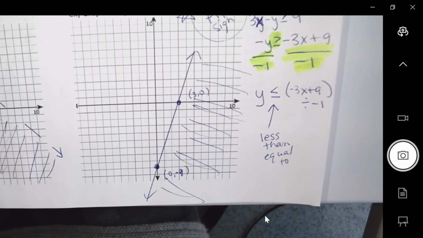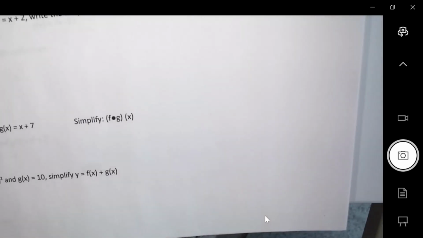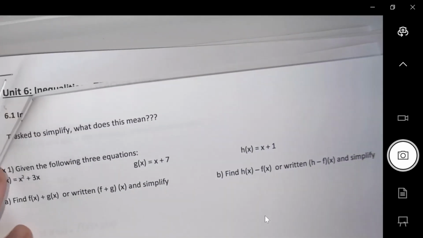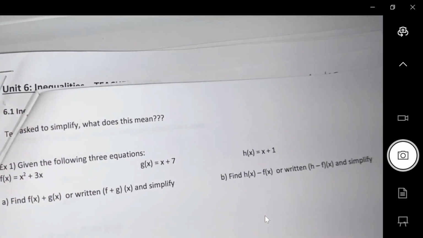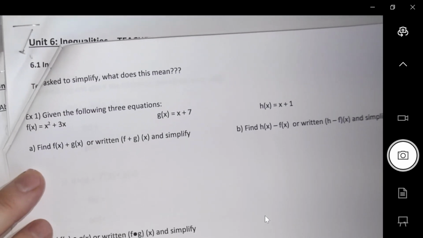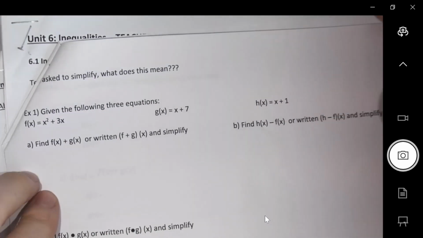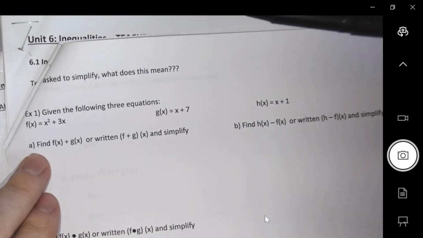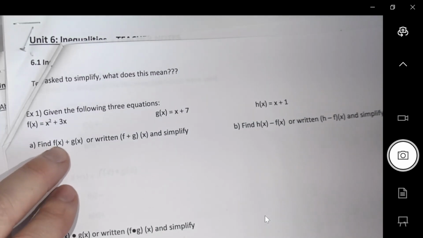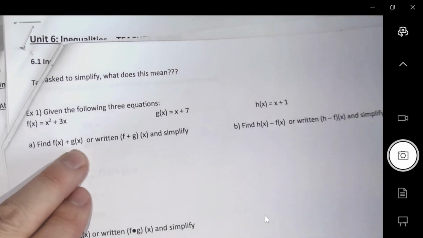Okay, so we're going to do operations on functions, but instead of graphs, I'm going to give you equations. Find the f of x plus the g of x.